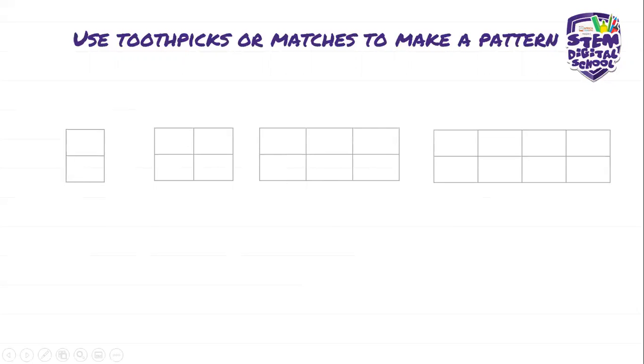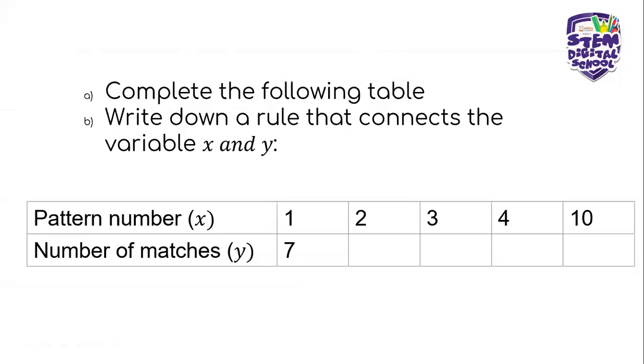So you'll see that in the next table, I've been able to show you the pattern number. So we have got about 1, 2, 3, up to infinity. So the first diagram, so that's diagram number 1, the number of matches there or toothpicks are 7.